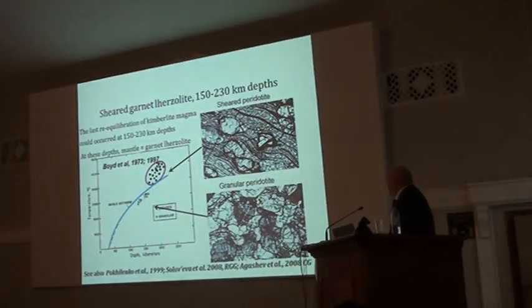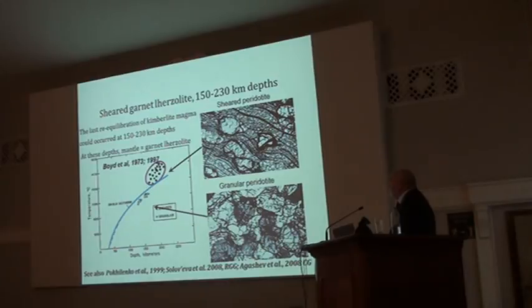Okay. Now to trace elements. I told you, when we look at the cross section of the lithosphere of the Siberian platform, I told you about the secondary enriched peridotite.